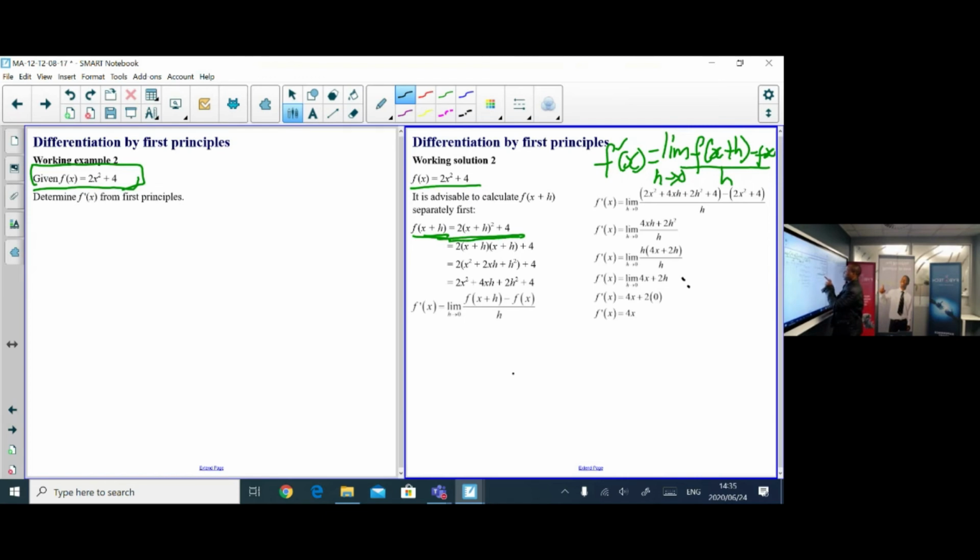And then since there is a square, we expand and get to that final result. Some learners like to do this so that you have already partly solved it, to make the problem easier. So you've already found your f of x plus h that you are now going to put.